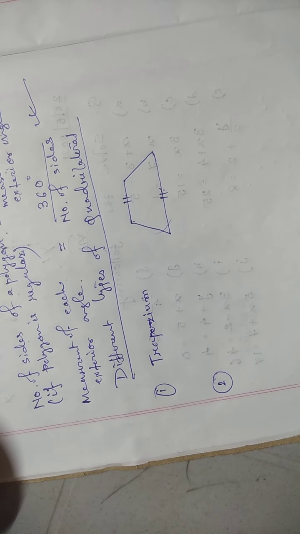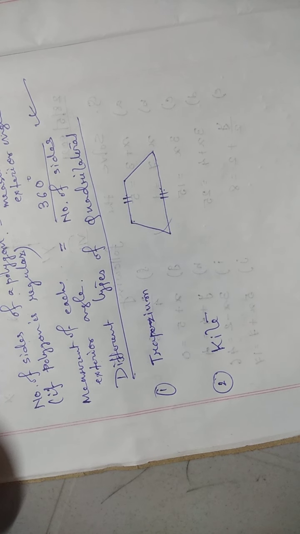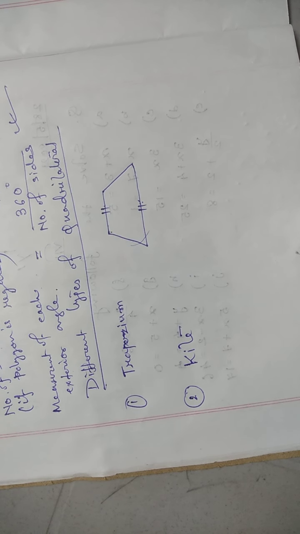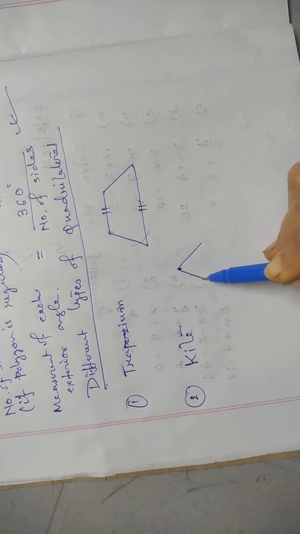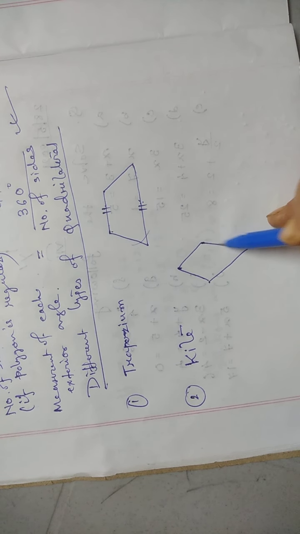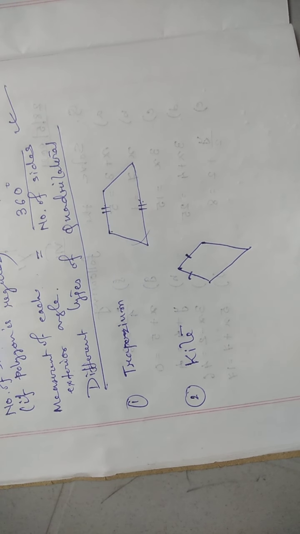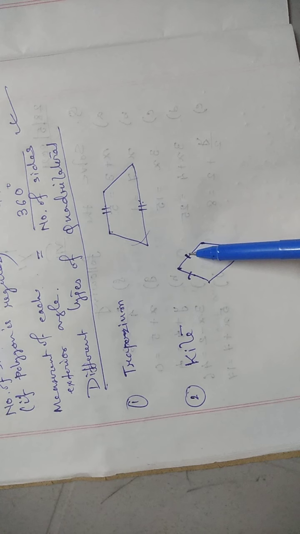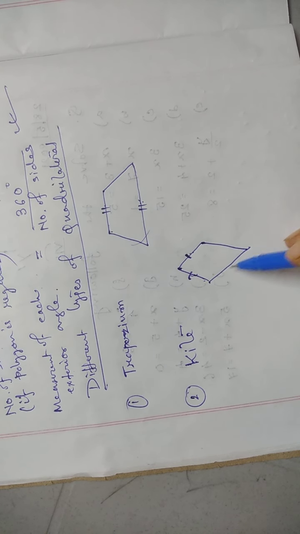Number 2. Next is kite. How is the kite? Kite is like this. This side and this side are equal. That means two adjacent sides. These two are adjacent sides because they have a common point. So these two sides are adjacent sides and these two sides are also adjacent sides.